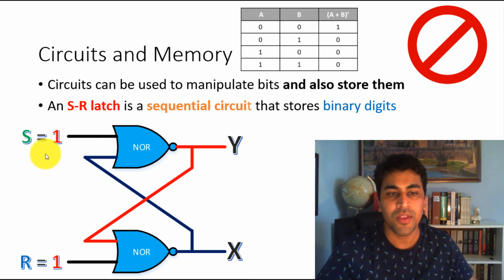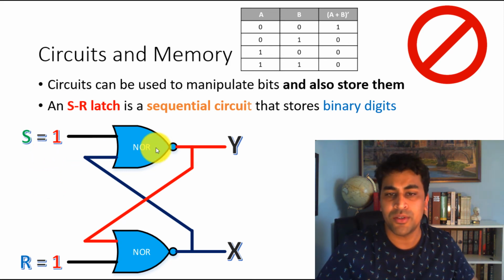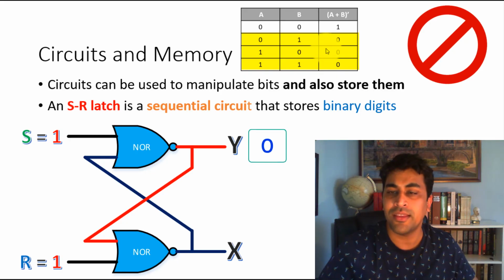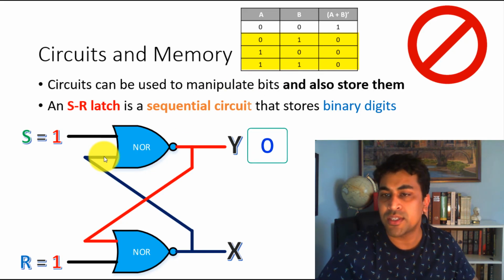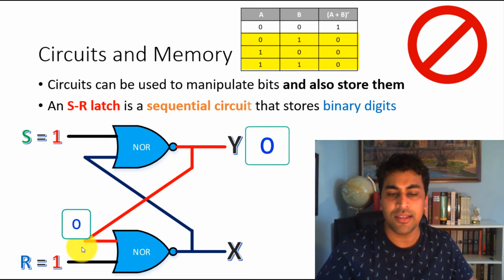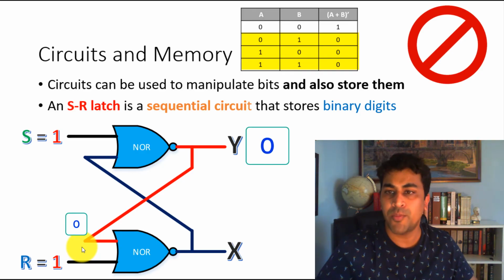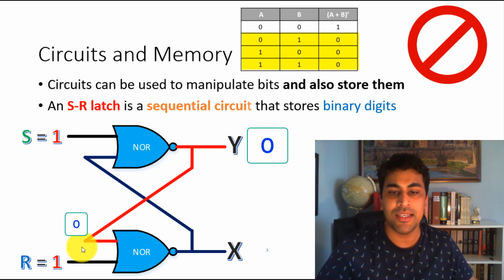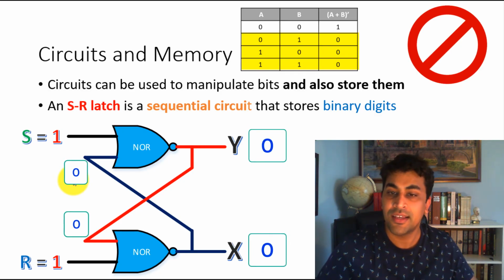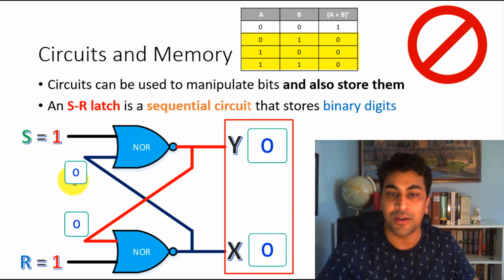Well, if we consider the forbidden state, then we can deduce that the output of this NOR gate will be a 0, since the truth table suggests that no matter what the other input will be, even though we don't know what it is, the output will still be a 0. That means that in this NOR gate, our output will also be a 0. And we see that the first property of the SR latch is violated, since Y and X are both 0.